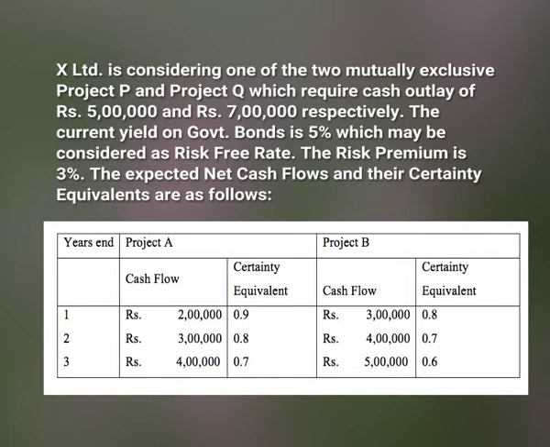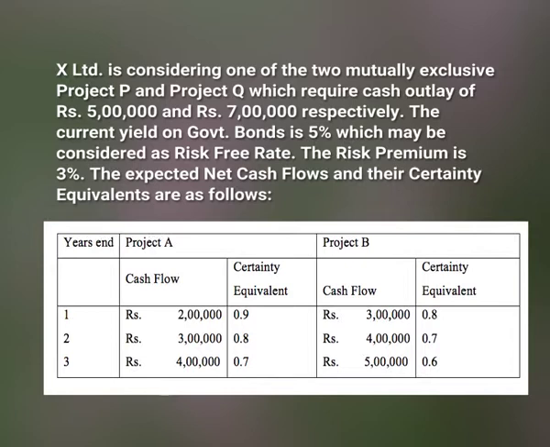Now, in the table for illustration 2, we can see the year's end for project A and for project B. Three years are given to us, 1, 2 and 3, and the cash flows and certainty equivalents are given. For project A, the cash flow is rupees 2 lakhs and rupees 3 lakhs in the first and second year respectively, and in the third year we have 4 lakhs.